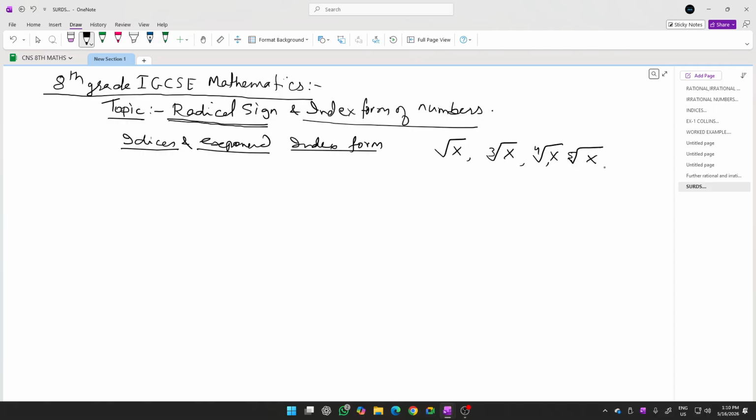In general, it will be m and x. So these are numbers in radical sign. Today I am going to discuss more about numbers in radical sign, numbers in index form, and a connection between the two. So let us get started.